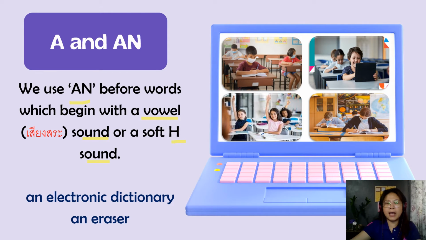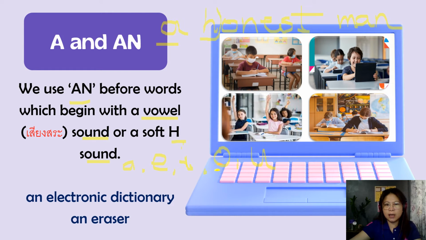Okay, we use an before words which begin with a vowel like A, E, I, O, and U, or a soft H sound like honest. We say an honest man. We don't say a honest man.